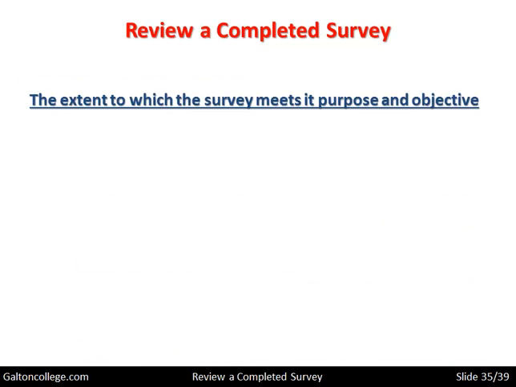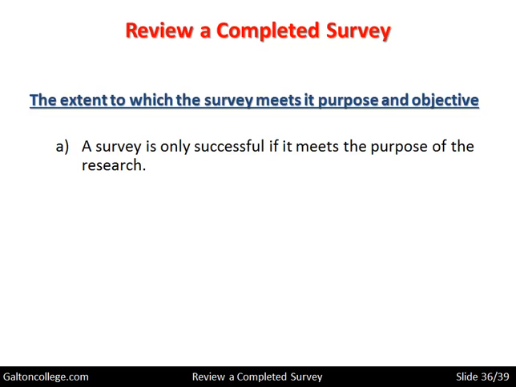The extent to which a survey meets its purpose and objectives. Well, a survey is only successful if it meets the purpose of the research. So that's what a survey is meant to do. It's meant to meet the purpose of the research. What is it that the company is trying to determine? So pose the questions that the company wants to ask, and then the survey should address those questions.